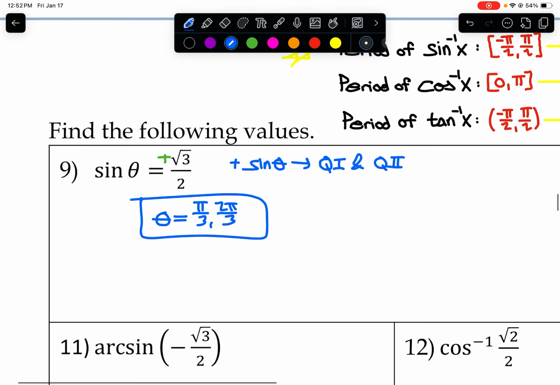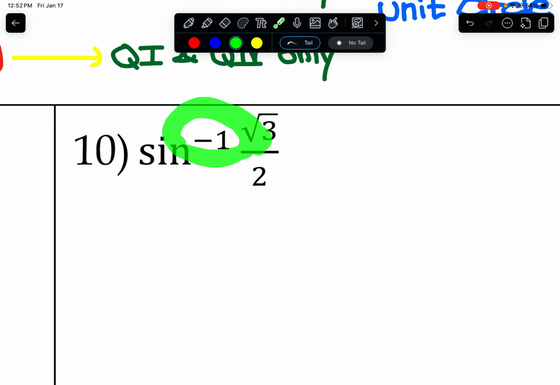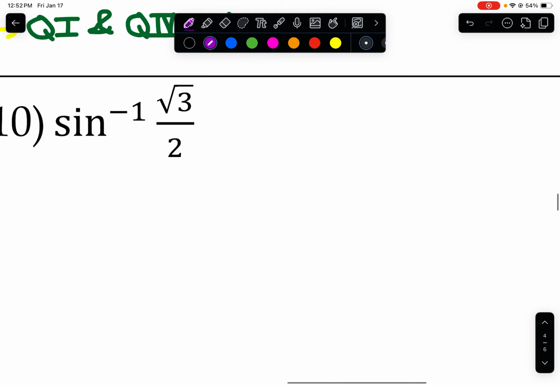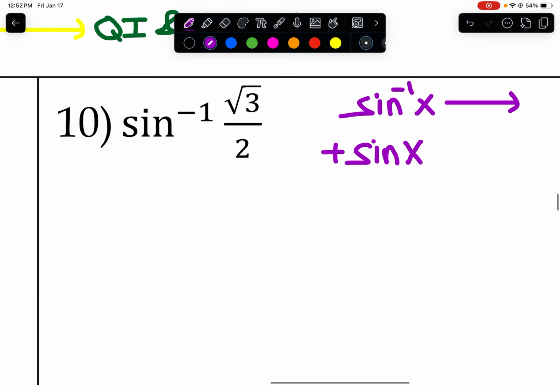Okay, but now let's look over at number 10. It's the same idea, but now because of this inverse, it's going to put in more stipulations. Okay, so the way that I like to think of these is we're going to think about the quadrants that inverse sine can be in, and then we're going to think about the quadrants that positive sine can be in. So keep in mind, this is a positive value, so that's where that positive right here is coming from.